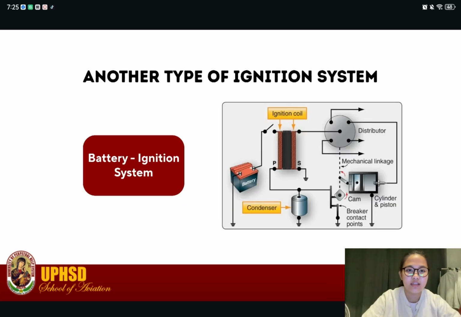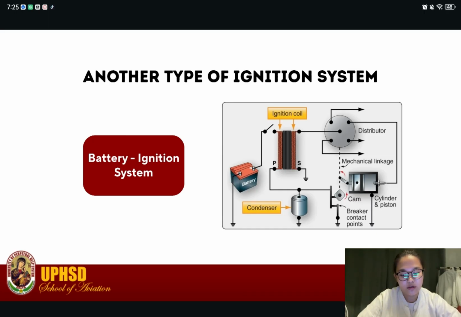And lastly, we have the battery ignition system. For the simplest explanation, it is an ignition system that uses the aircraft's battery and alternator to create the spark needed for the engine to run.